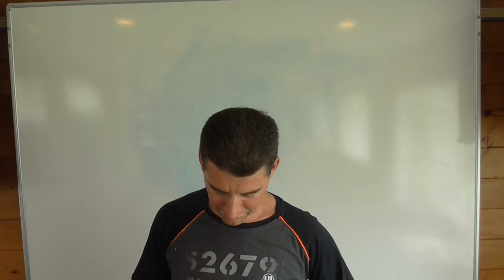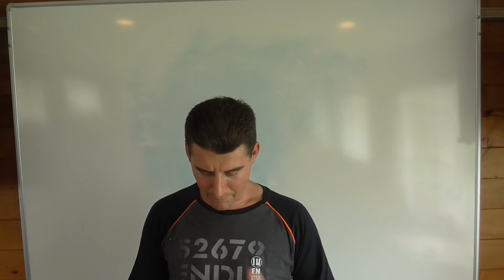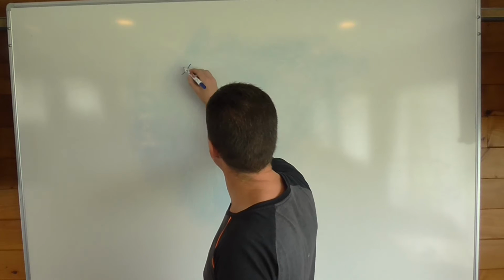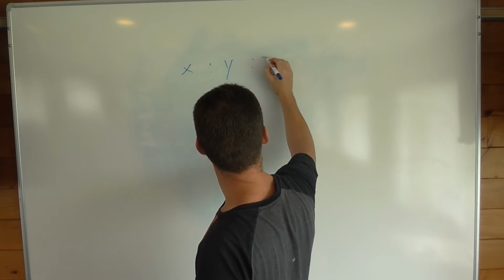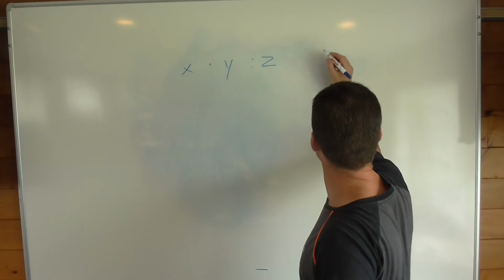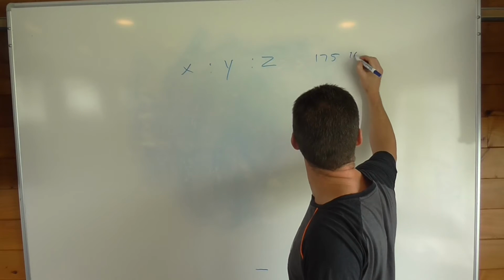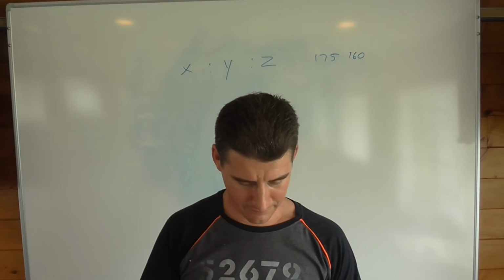Okay, so consider the following scenarios. Profits are shared between 3 partners, X, Y, and Z. The total profits are 175,160.